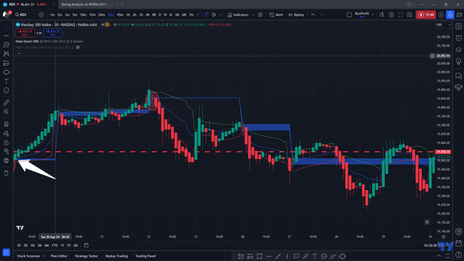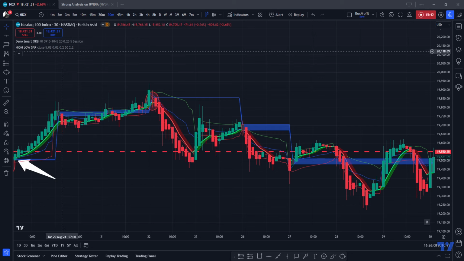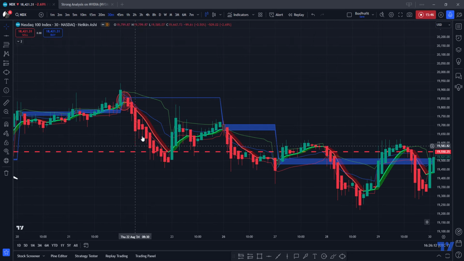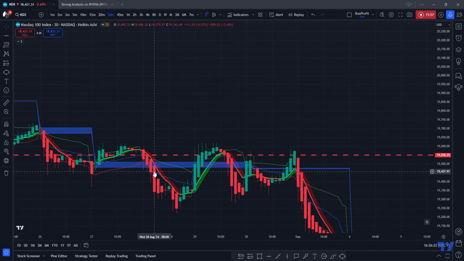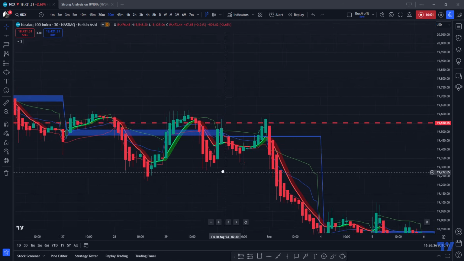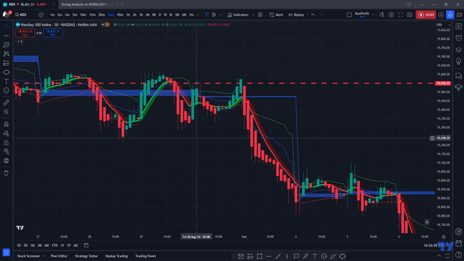And of course at this point, if we bring that up, you see that we break below, this formed below the Hull, and we just ride the trend. Same thing here, and the cycle repeats itself. You do not need to be technical at all. And I'm using this on Nasdaq or NQ.